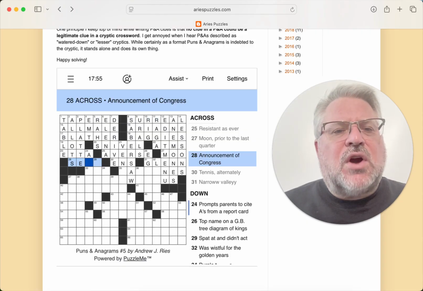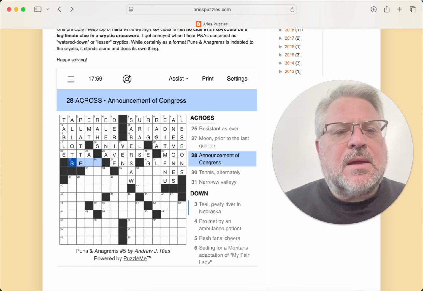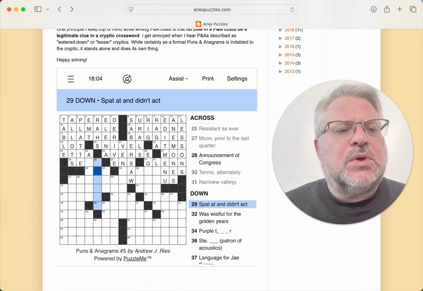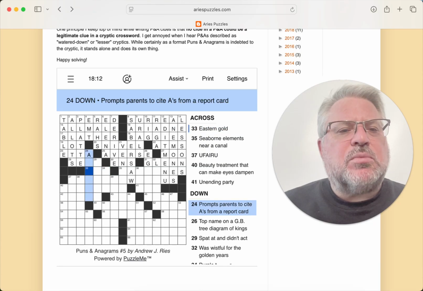Announcement of Congress. Announcement. Don't know. 33 across. Eastern gold. No. 24 down. Prompts parents to cite A's from a report card.